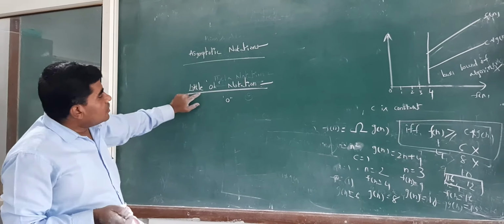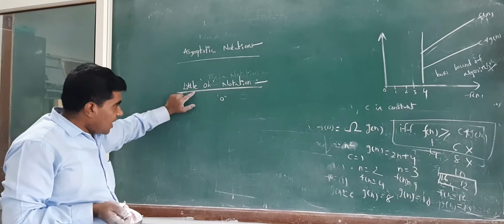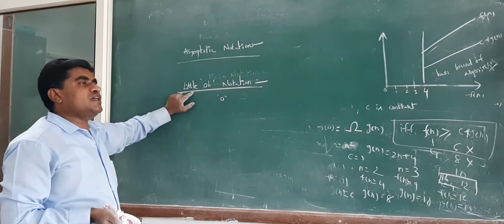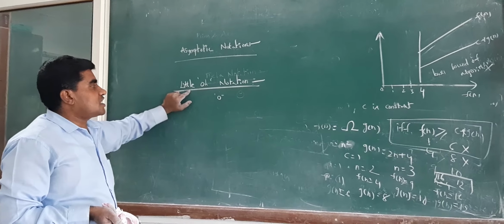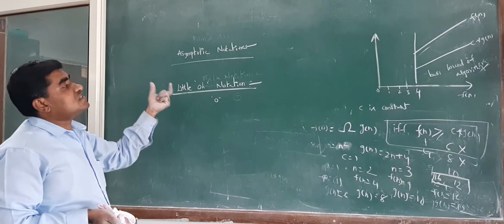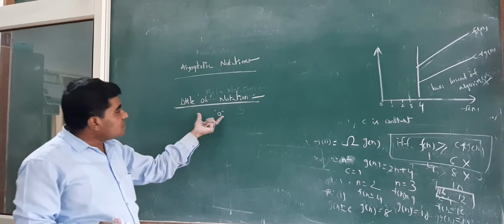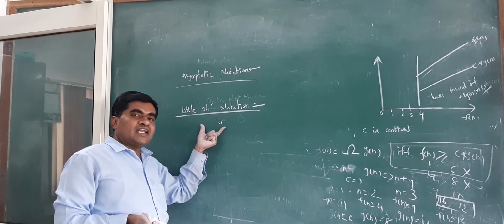We use this one when functions are asymptotically not tight. But big O notation is also used to represent the worst case time complexity. When using big O notation, functions may be asymptotically tight or not. Both cases we use it, but in this case only when asymptotically not tight.